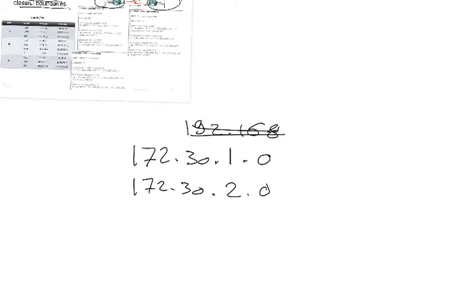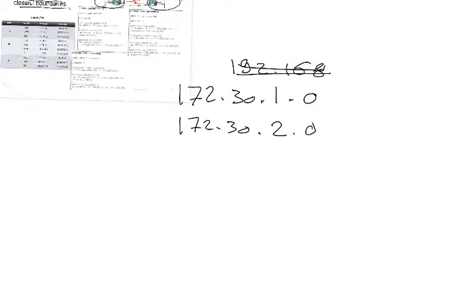Tamam? So those are two networks. Each one of them is class B, right? So you can summarize these networks in different ways.